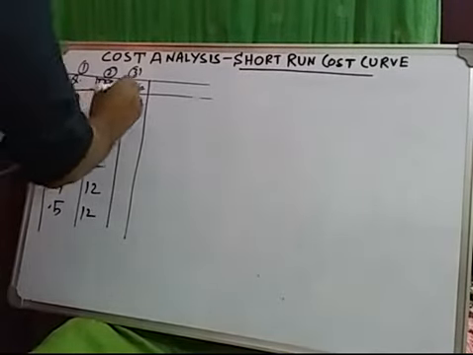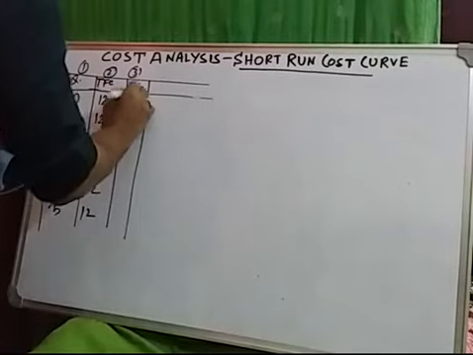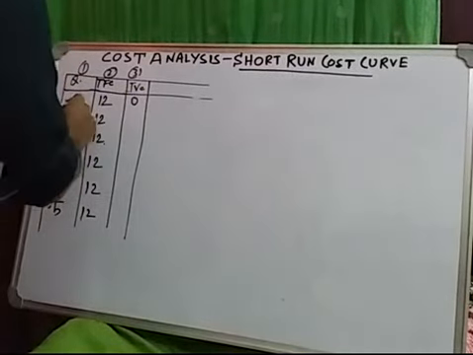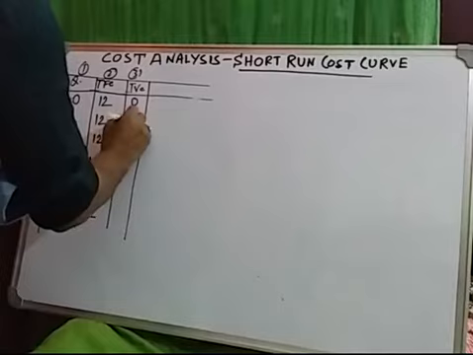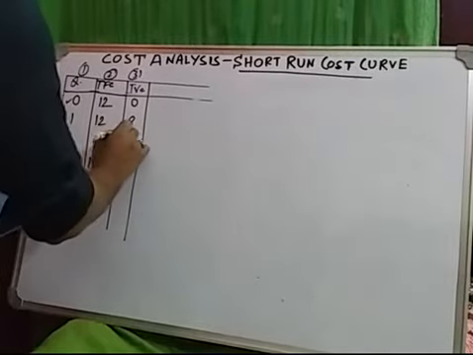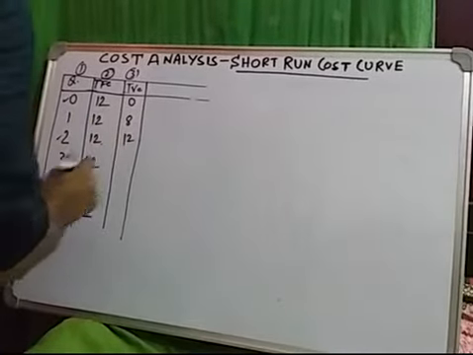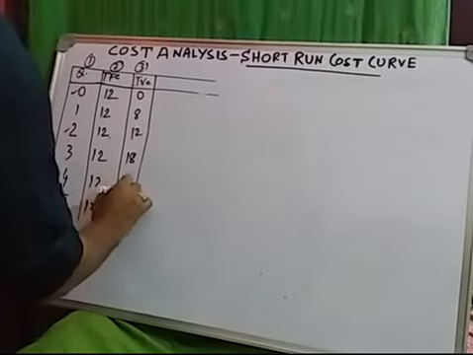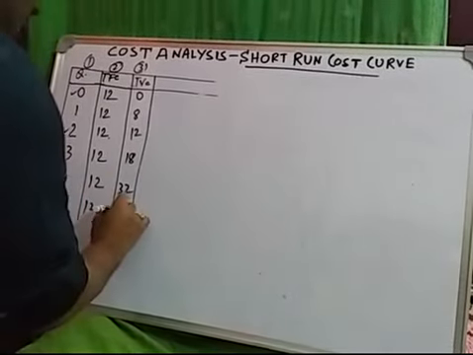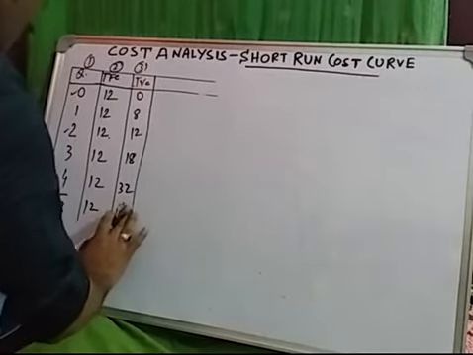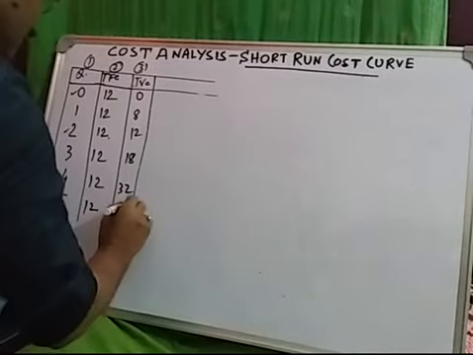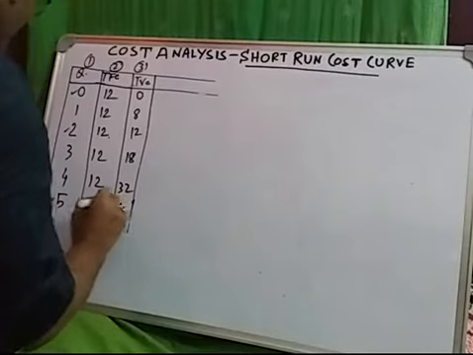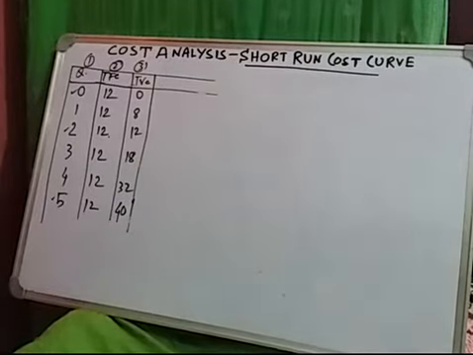When you produce 0 units, your variable cost is 0. For 1 unit it is 8, then 12, then 18, then 32, and then 40. This means if you increase your output level, your variable cost will increase.